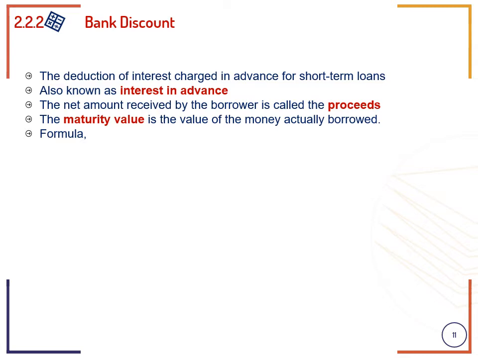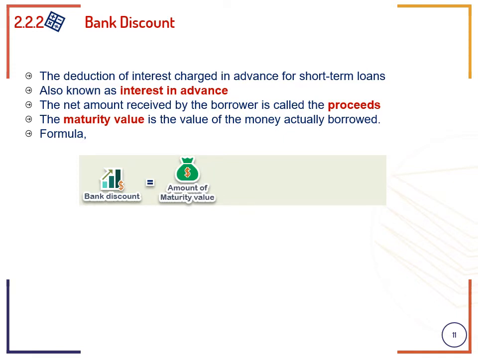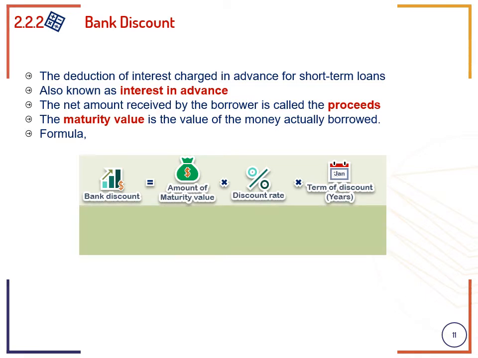The formula to calculate bank discount is: bank discount is equal to the amount of maturity value multiplied by the discount rate multiplied by the term of discount, which is in terms of years, where bank discount is denoted as D, amount of maturity value is denoted as S, discount rate is denoted as d, and term of discount is denoted as T.